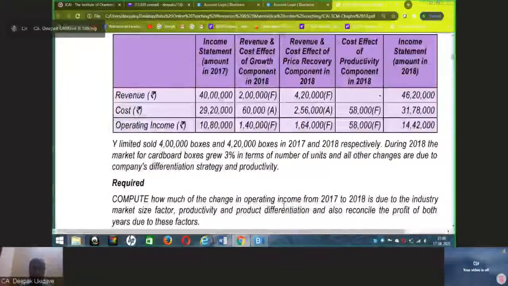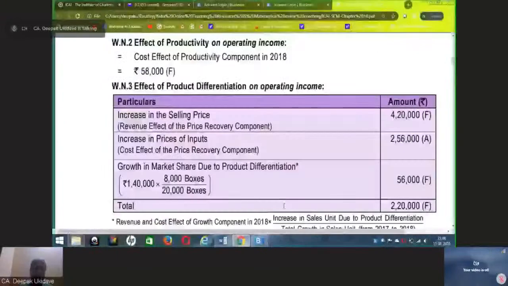Yeah, that also can be done, because 1,40,000 is the total cost, out of which 8,000 pertains to market share and 12,000 pertains to market size. So 12,000 we have already allocated. So 140 minus that figure 84 also gives 56. Perfectly correct. Clear, no?